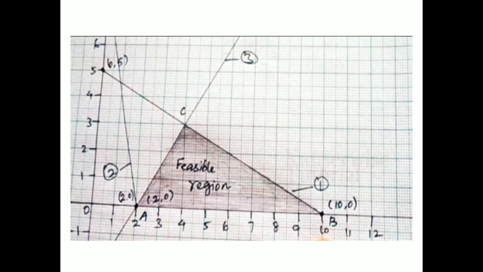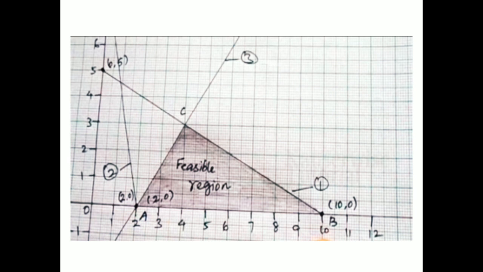If you have drawn very carefully on the graph paper, you can deduce it from the graph only, but if you are confused regarding the point, you can simply solve the equations. C is located at the intersection of two lines, that is line number 3 and line number 1.